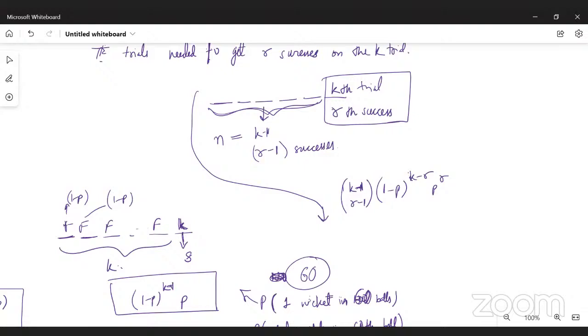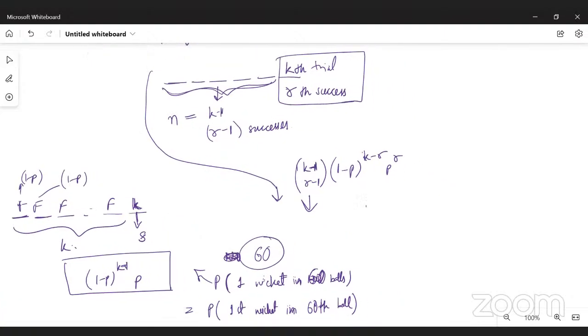So n choose k becomes k minus 1 choose R minus 1, p to the power R minus 1, because it is R minus 1 successes, and 1 minus p to the power k minus 1 minus R minus 1. So it will become k minus R.